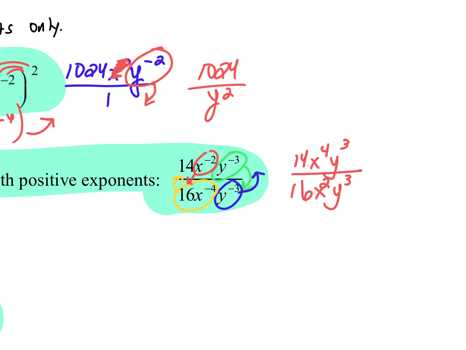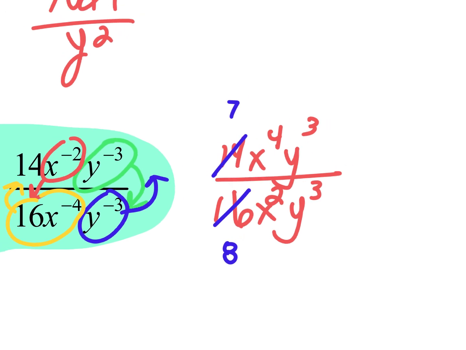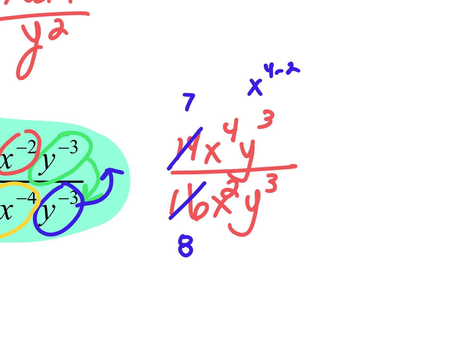All right, now that all my exponents are positive, we're just going to go ahead and simplify. What number goes into both 14 and 16? 2, right? So my 14 becomes a 7, and my 16 becomes 8. Good. I'm dividing same bases, so what do I do to the exponents? Subtract. So it's x to the 4 minus 2. So that leaves me with what?